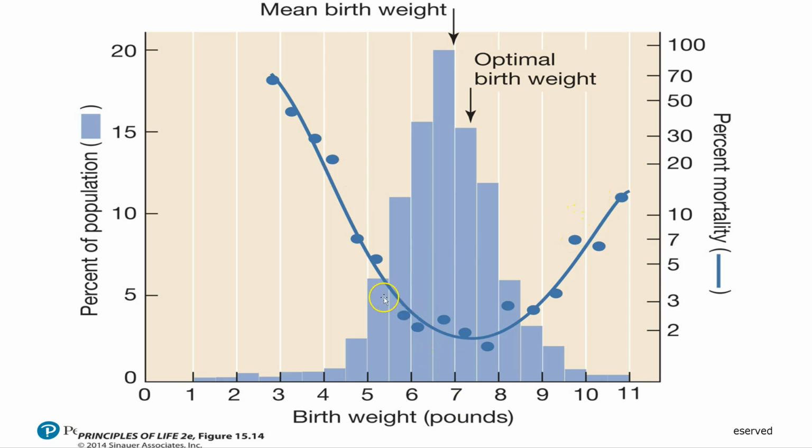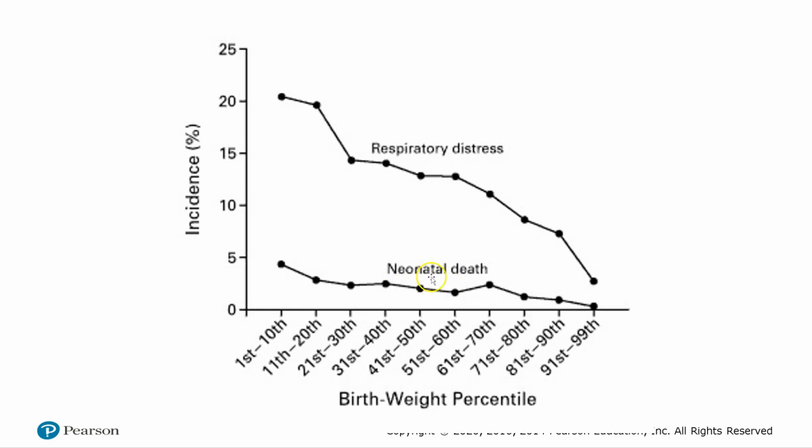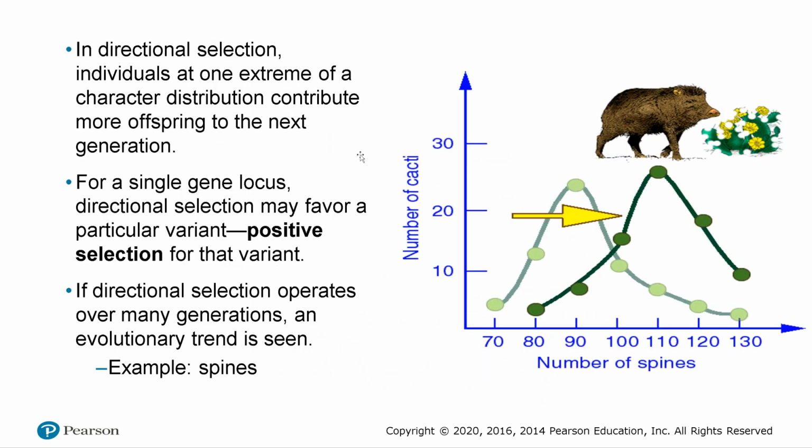So this is stabilizing selection. There's a lot of respiratory distress when you're underweight, and when you're overweight, you can also have issues.